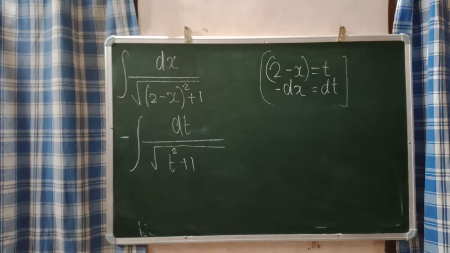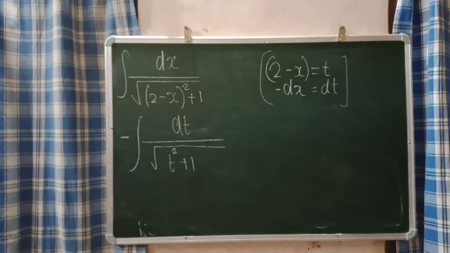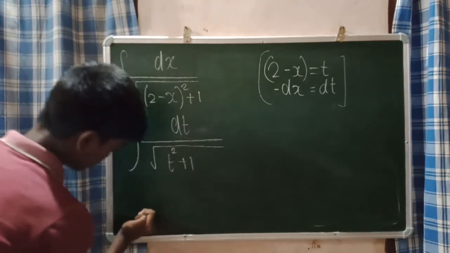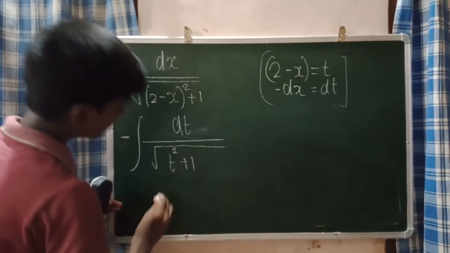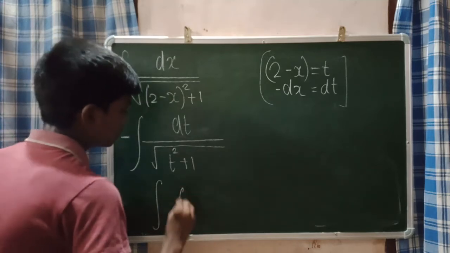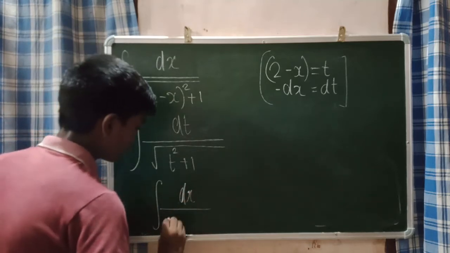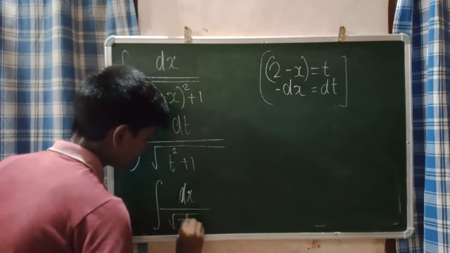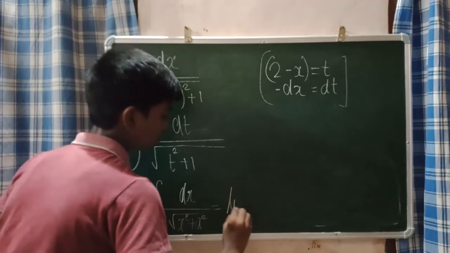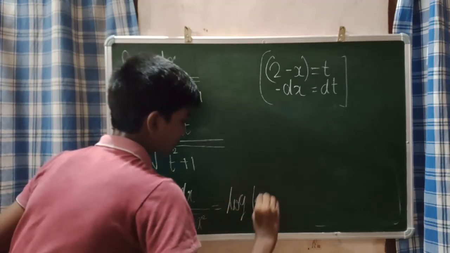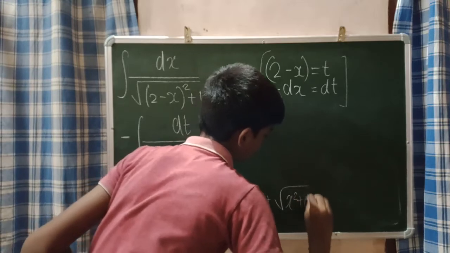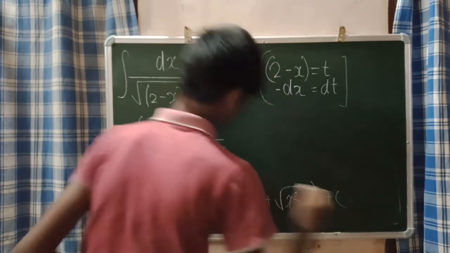Now after this, it's going to be very simple. Listen carefully. As I earlier told, I use one formula now. The integral of dx divided by the square root of x square plus a square is equal to log of x plus the square root of x square plus a square, plus some constant.